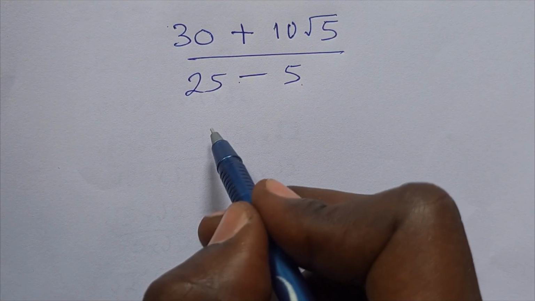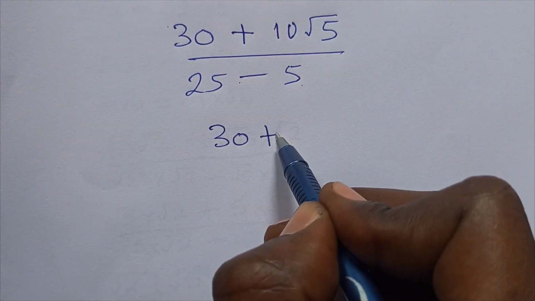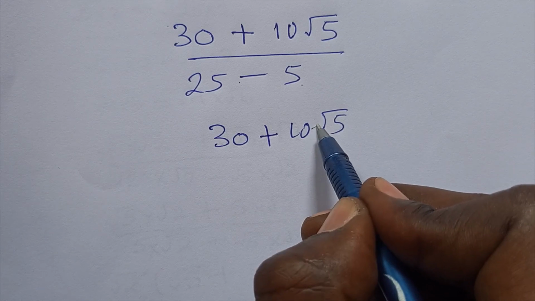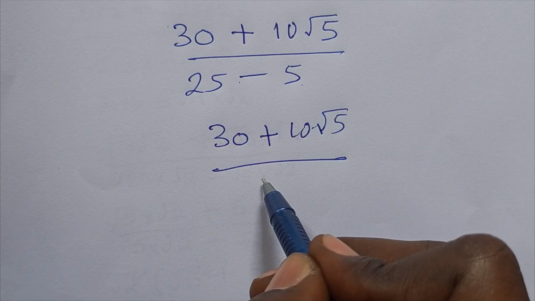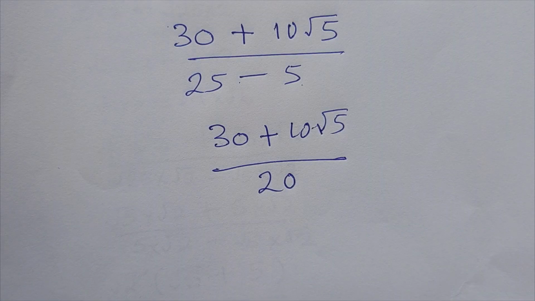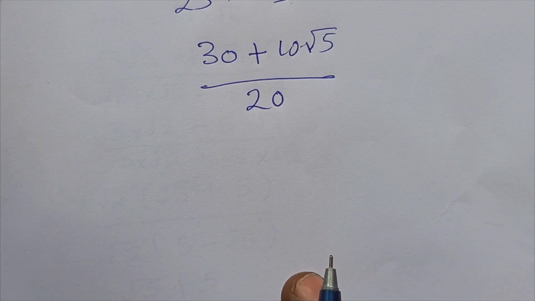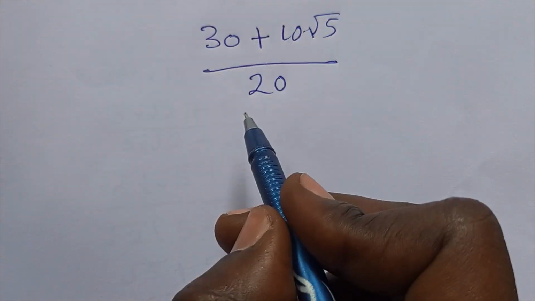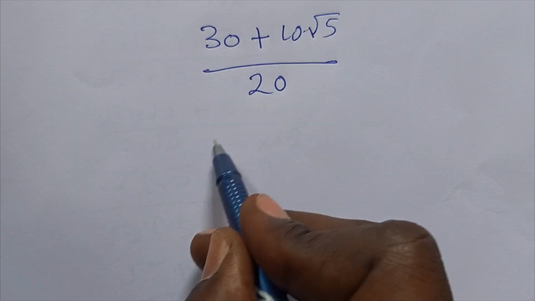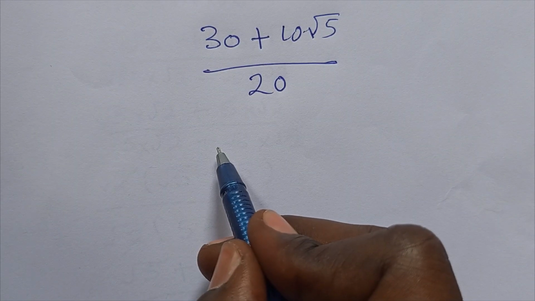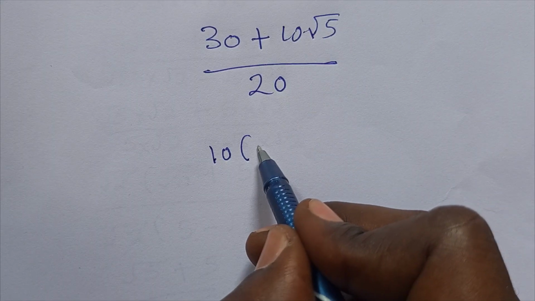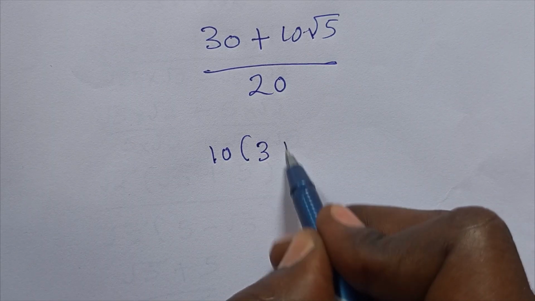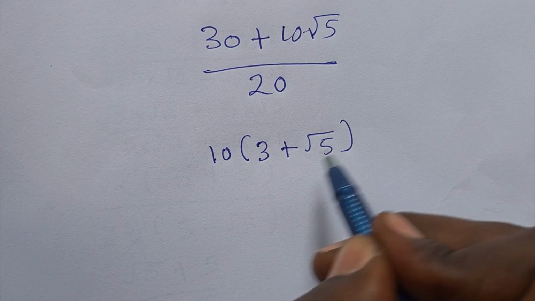For simplifying that, we have 30 plus 10 root 5 over 25 minus 5, which is 20. But you can notice we can still factor out something here. We can actually factor out 10. To factor out 10 from this, we're going to have 3 left, plus root 5.